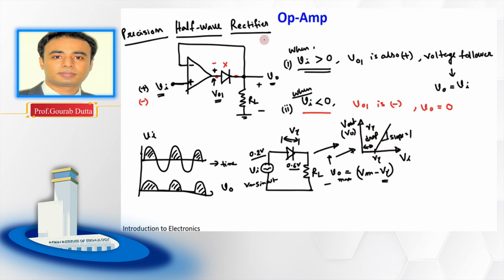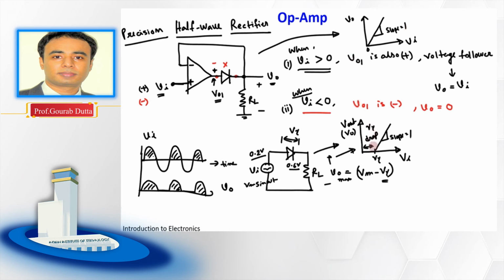Whereas for this precision half wave rectifier, if we plot this output voltage versus this input voltage, we can see that from 0 voltage onwards it will rise, with V output proportional to V input. Here also the slope is equal to 1.